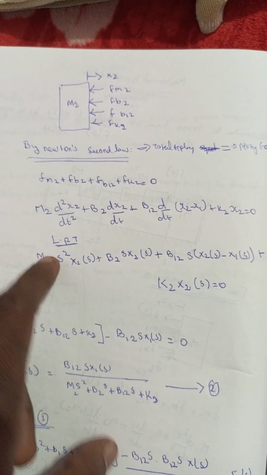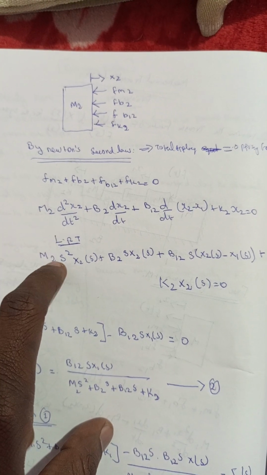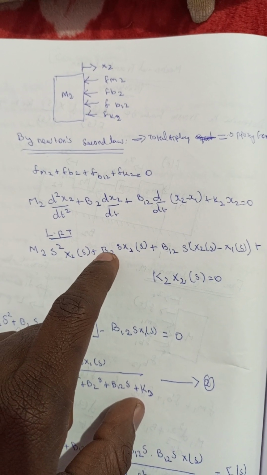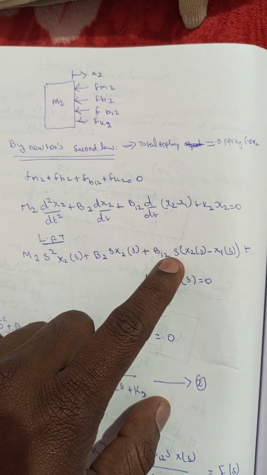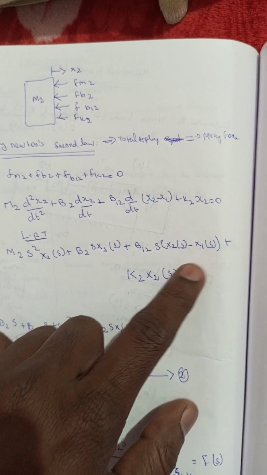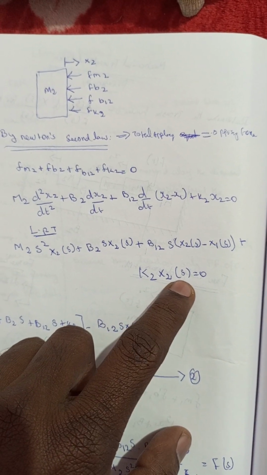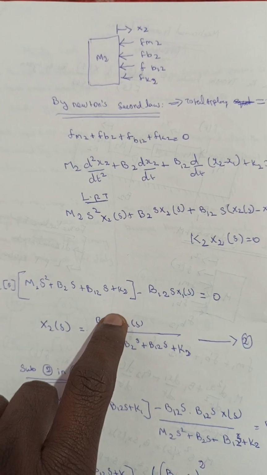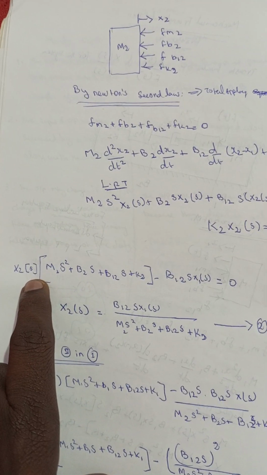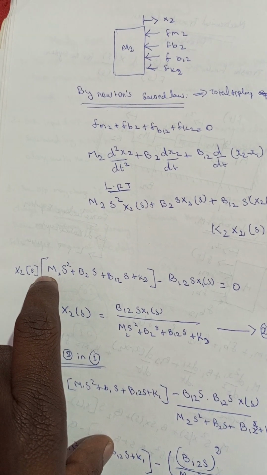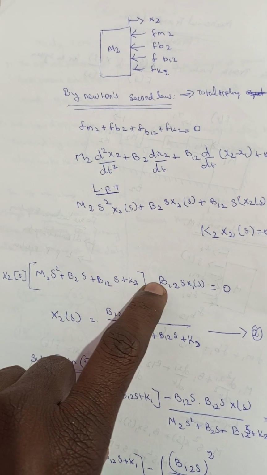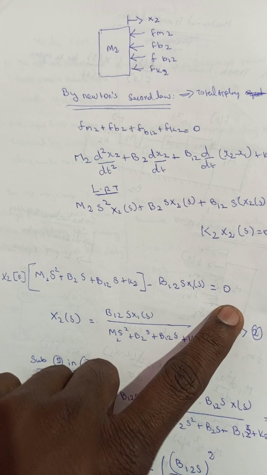We take the Laplace transform of this equation, and we get M2 s² X2(s) plus B2 s X2(s) plus B12 s (X2(s) minus X1(s)) plus K2 X2(s), that is equal to 0. After simplifying this, we take X2(s) out and we get (M2 s² plus B2 s plus B12 s plus K2) X2(s) minus B12 s X1(s) equal to 0.